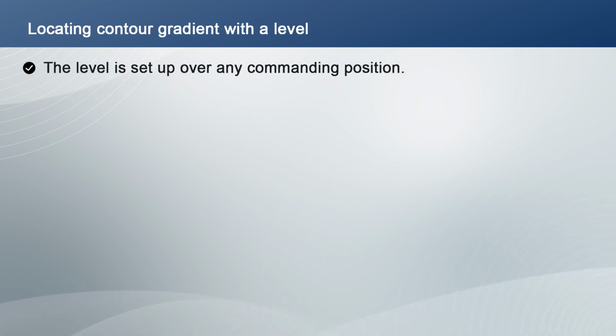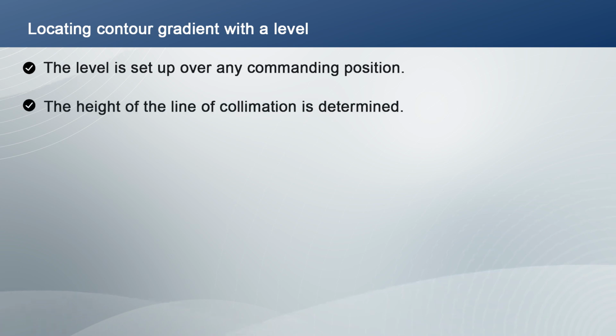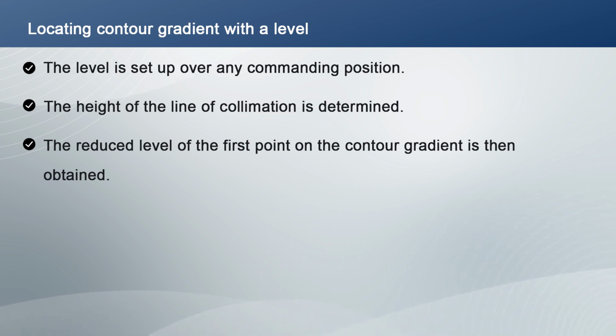The level is set up over any commanding position, but not necessarily on the desired contour gradient. The height of the line of collimation for this setting of the instrument is determined by reading a leveling staff held on a nearby benchmark. The reduced level of the first point on the contour gradient is then obtained by reading a leveling staff.